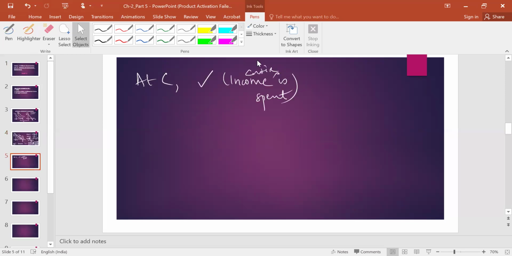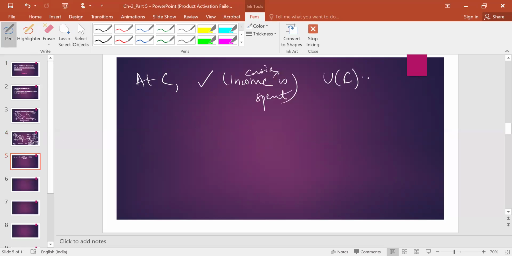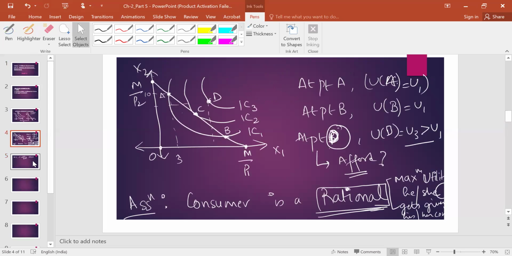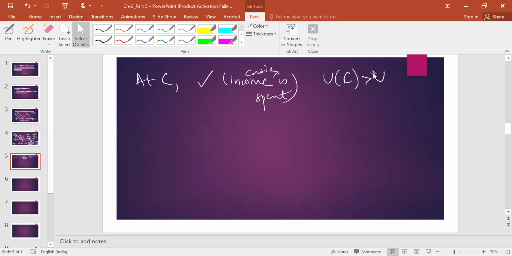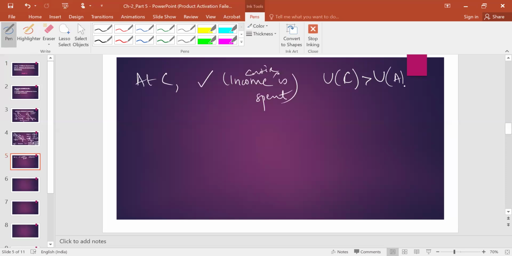Right. So at point C, utility of C is greater than utility of A or utility of B. Basically, this is or. Correct. So now entire income is spent.